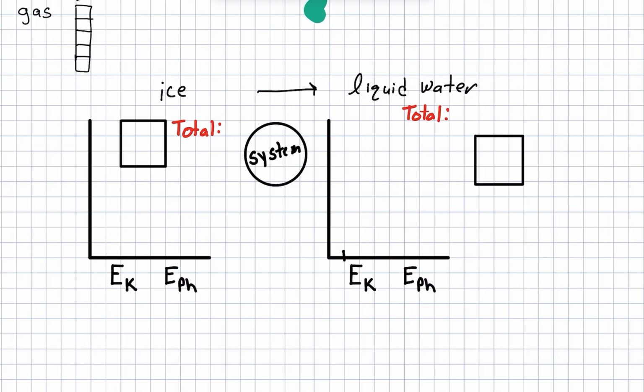It's still H2O. The particles didn't change. All that's changing is the space between them and how fast they're moving. So when I go from ice, again, I have my tighter packed solid, versus when it's a liquid, it's going to space out more.